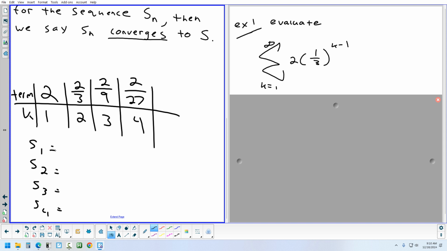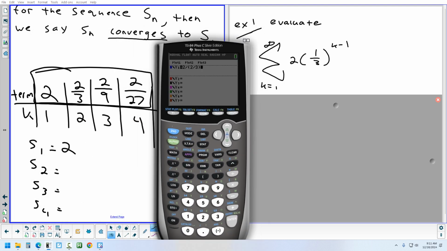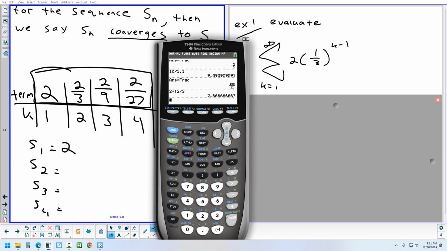If you add up the first term in that box, what do you get? 2. Just 2. If you add up the first 2 terms in that box, you get 2 plus 2/3. Okay.